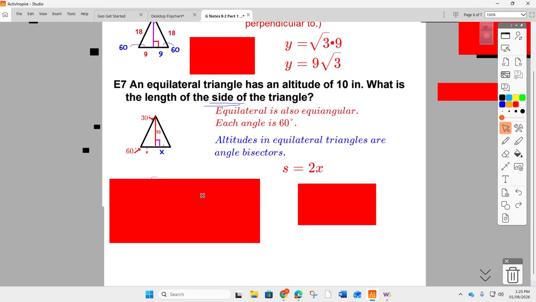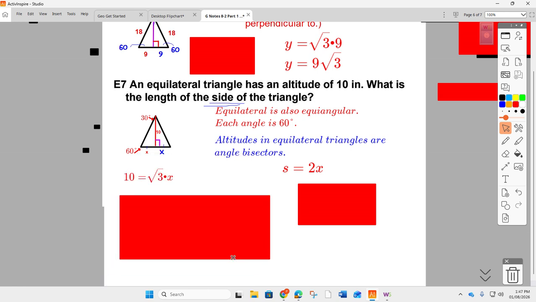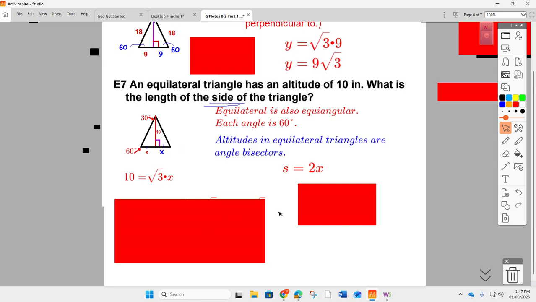So we know that the long leg is equal to the square root of 3 times the short leg. Once again, we are going to be dividing both sides by the square root of 3. We just did this one.